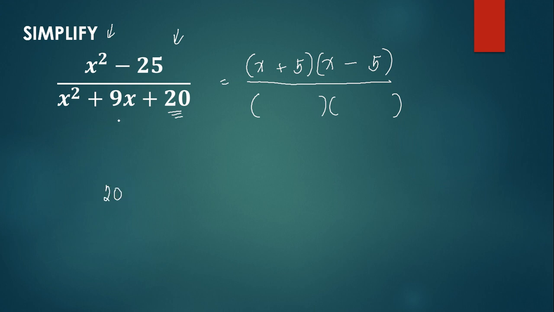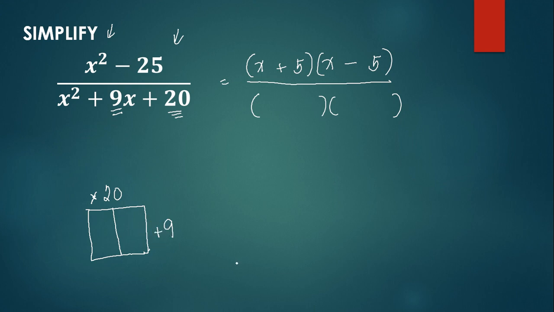Positive 20. And then, yung middle numerical coefficient ng middle term, 9. Now, you're going to think of two numbers that if I multiply, I will get 20. Then if I add, I will get 9.